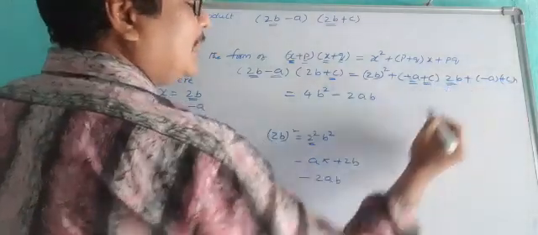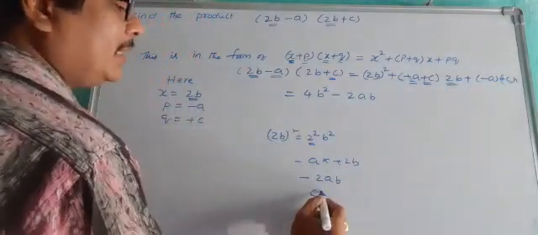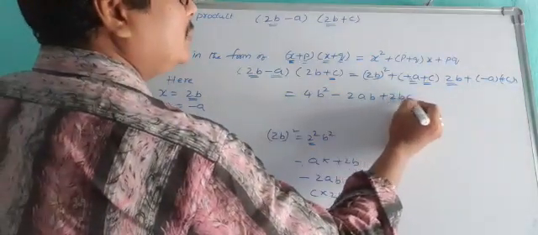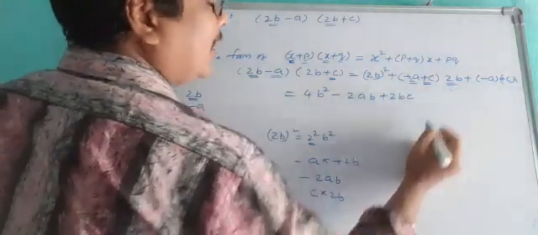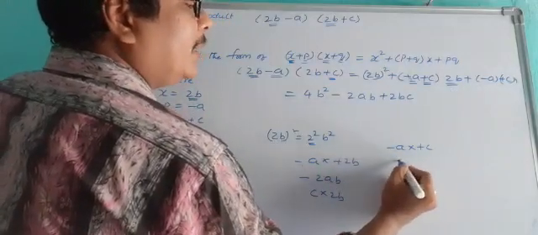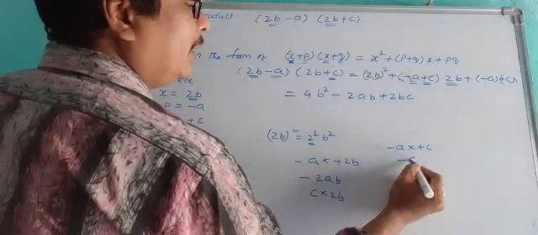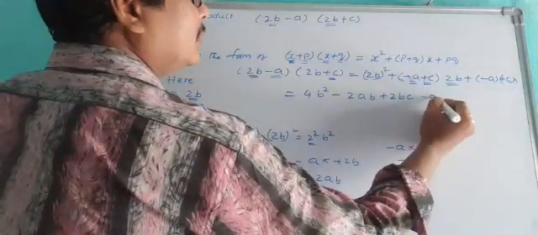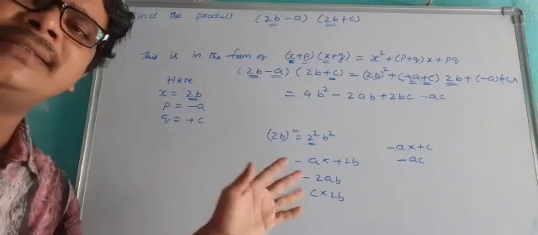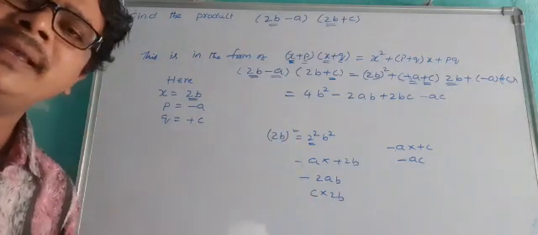Next, +c into 2b equals 2bc, so +2bc. Last and final, −a into +c, negative into positive, so −ac. Do you have any like terms here? We don't have any like terms, so leave them. That is the product.